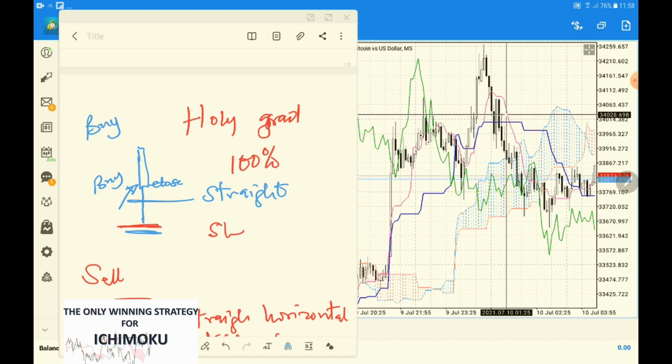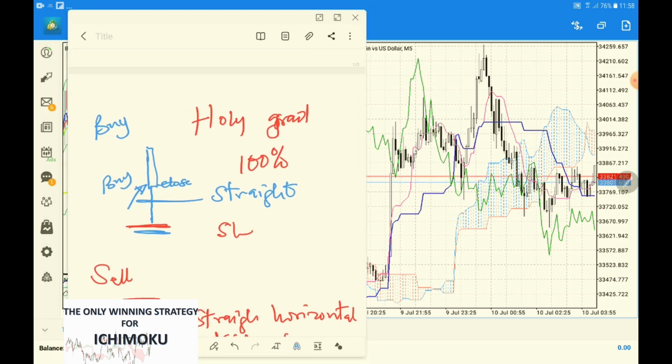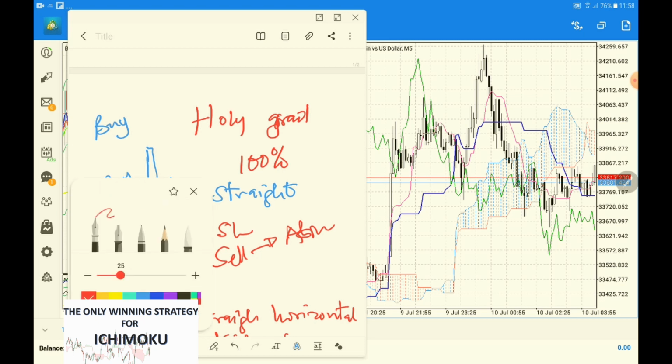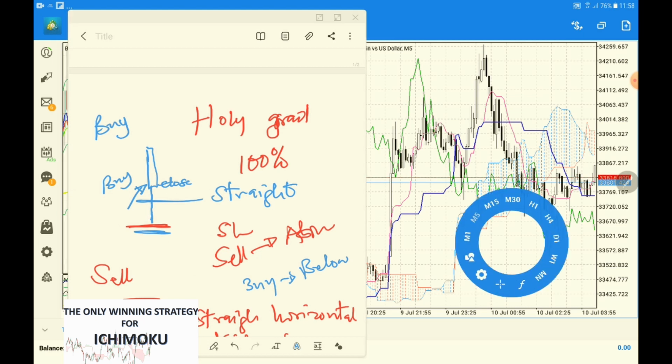Sometimes, if you are experienced and you have other indicators like I have in the chart that I'm hiding, you will know whether or not to even trade, even when to sell when price is below the cloud, or buy, sell when price is above the cloud, or buy even when price is below the cloud. But that comes with experience.